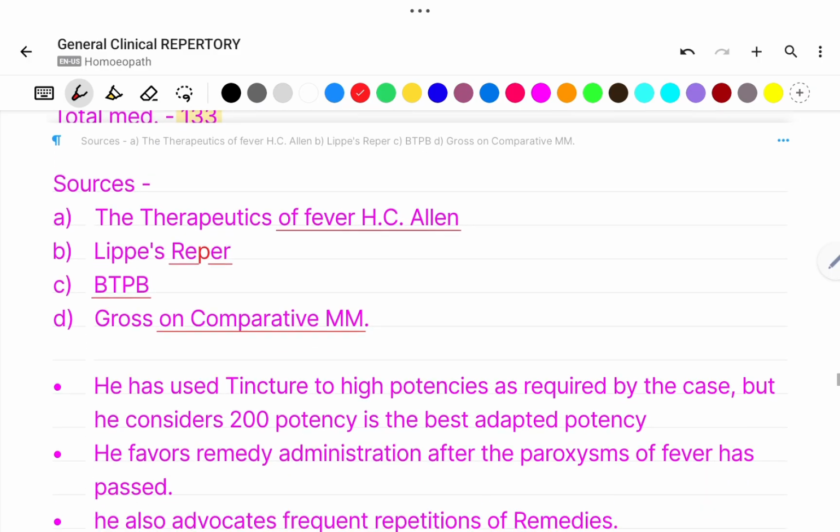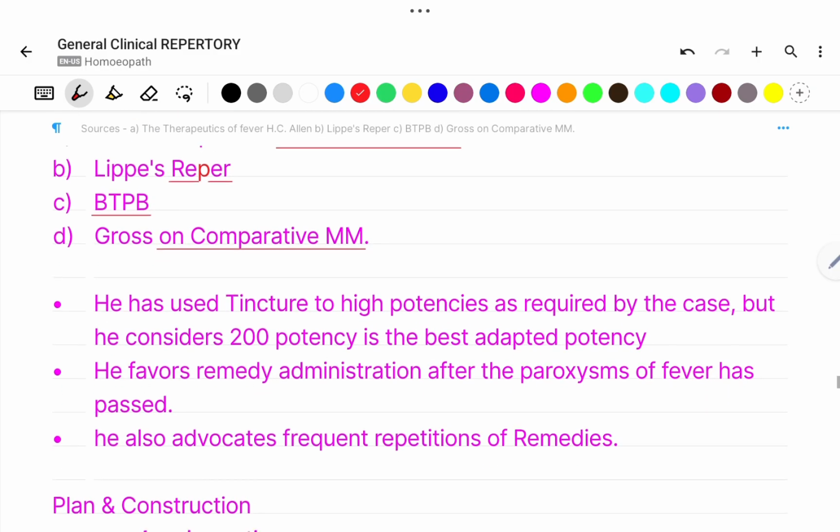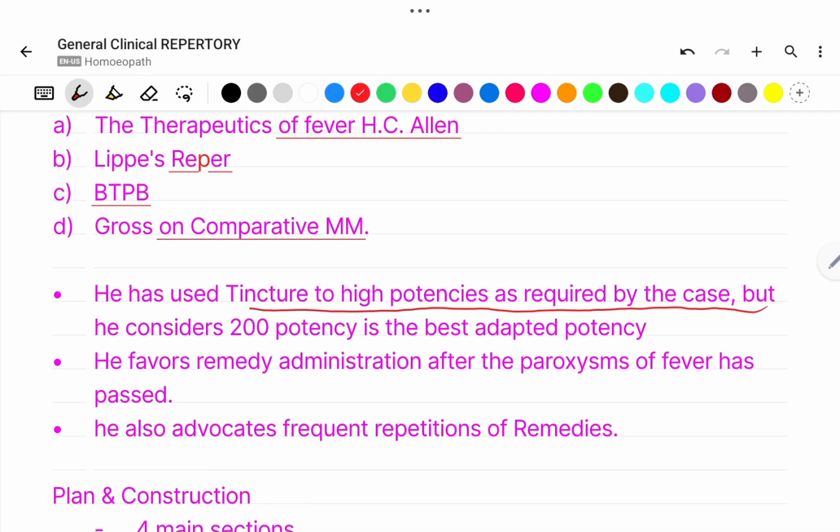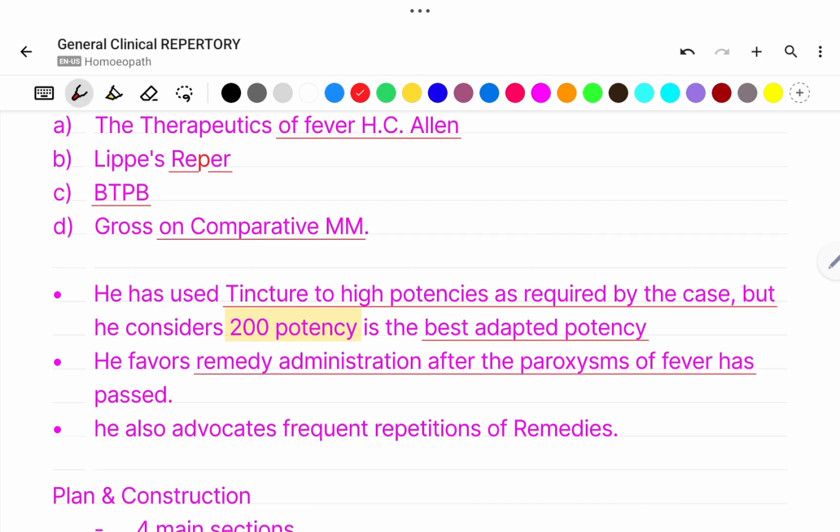In this repertory, William A. Allen has used tincture to high potencies as required by the case, but he gave more importance and considered 200 potency as the best adapted potency. He favors remedy administration after the paroxysms of the fever has passed.